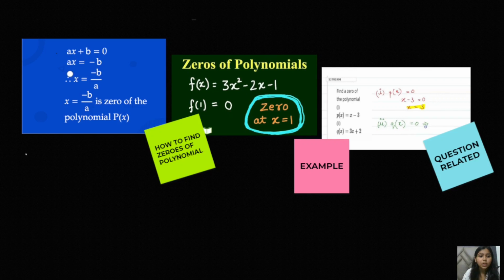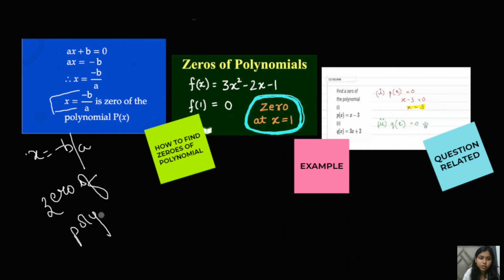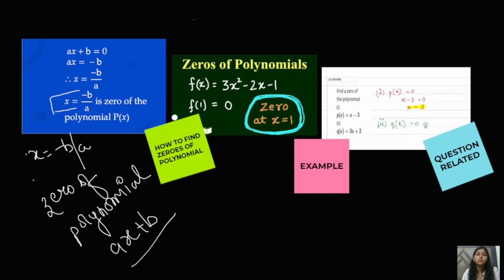So ax is equal to minus b. If we take this b to the other side of the equation, x will be equal to minus b by a, because a is in multiplication and after transferring it becomes division. So whatever the value of x is will be the zero of the polynomial. Hence in this case x is minus b by a. That is the zero of the polynomial for the equation ax plus b. For this equation the value of x will be minus b by a and it is also the zero of the polynomial.